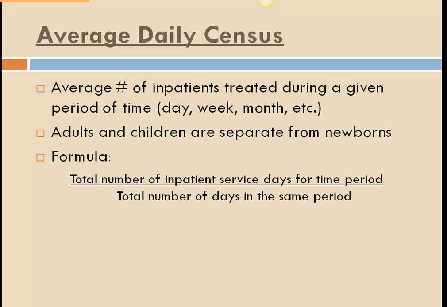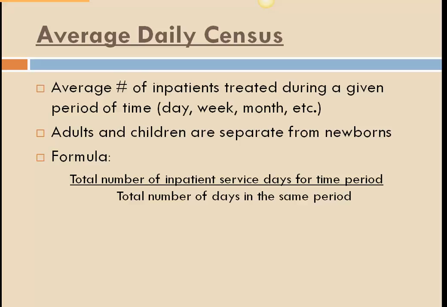The formula for calculating the average daily census is the total number of inpatient service days, which remember we just talked about, for whatever time period you're looking at. So if you're calculating something in a facility, you're going to know what the time period is. If you're working out a problem on a test, you'll be told to look at the inpatient service days for this day or this series of days or this month.